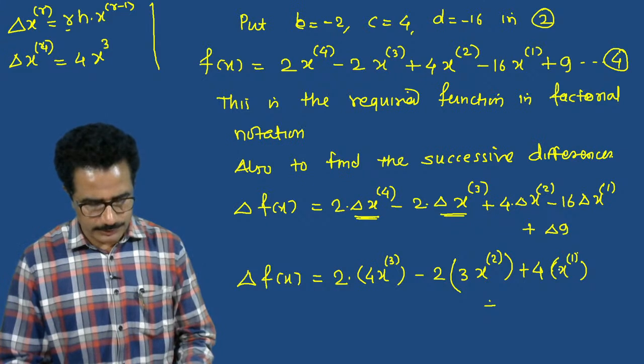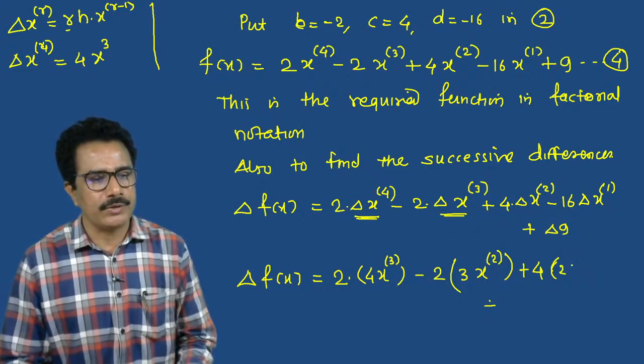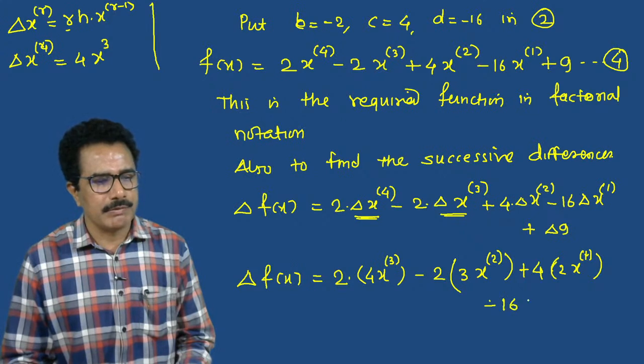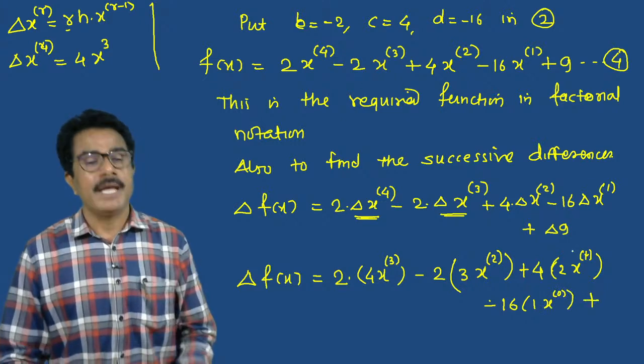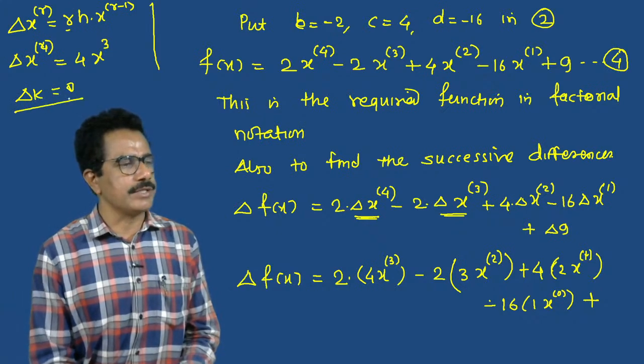Here it is 2, the power is multiplied, 2 into x raised to 1 factorial minus 16 into 1 into x raised to 0 factorial plus, the difference of a constant delta k is always 0.